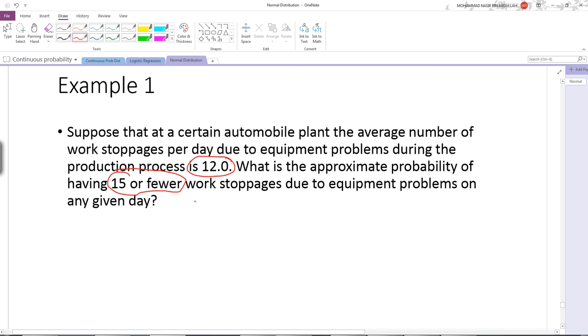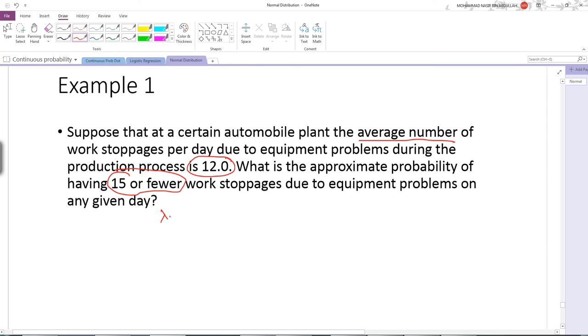This is a Poisson problem. We have the average number of work stoppages per day, so this is a count situation.